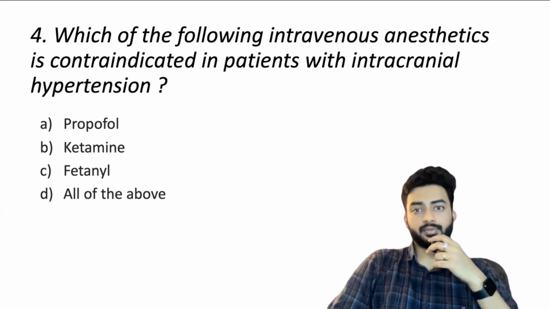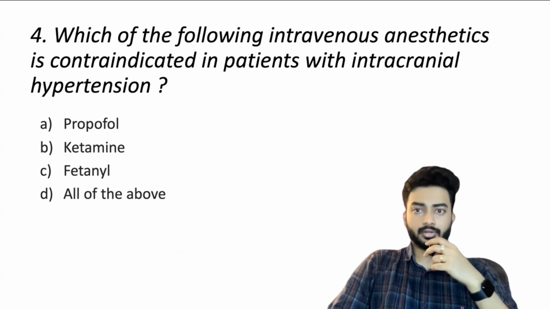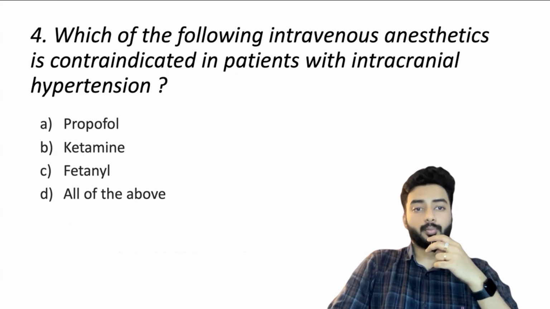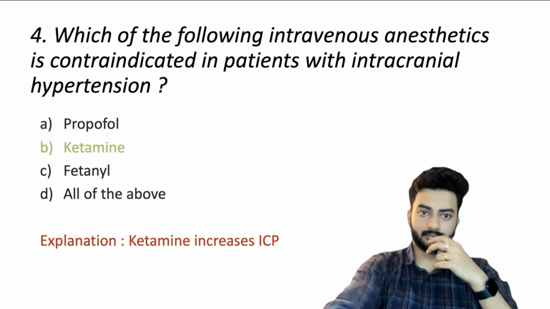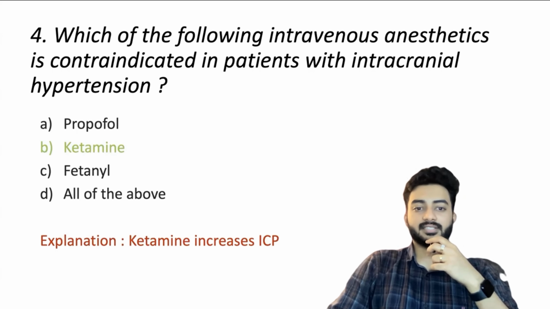Next question, which of the following intravenous anesthetics is contraindicated in patients with intracranial hypertension? Your neurosurgical patients will have intracranial hypertension, and which of these IV anesthetics is contraindicated? A. Propofol, B. Ketamine, C. Fentanyl, D. All of the above. So the answer is obviously ketamine. Any first semester anesthesia PG student can answer this.